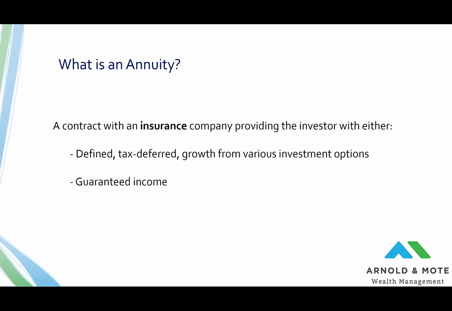I bolded insurance here, so just understand that these are insurance products. They are not investment products per se. They are insurance products. You're signing a contract with an insurance company when you buy an annuity.